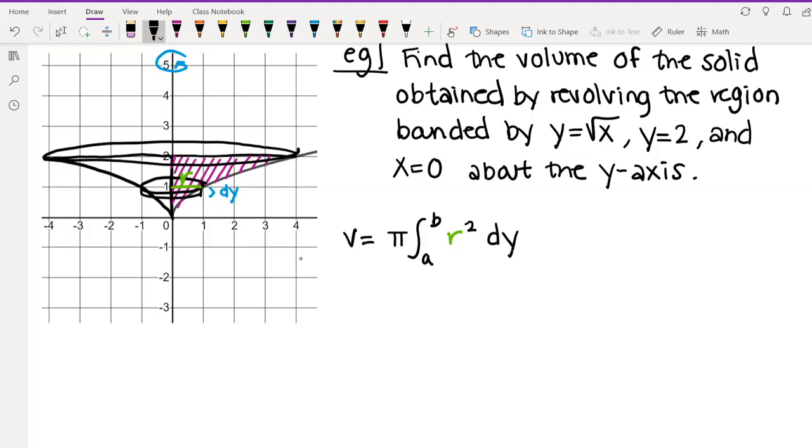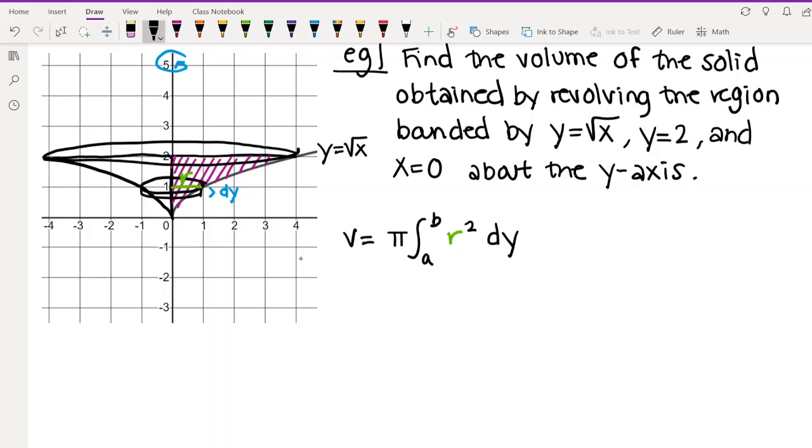So if we look at this picture, the curve that is determining the radius is this one, right? And we earlier were given this one as y is equal to square root of x. But we need to rewrite it as a function of y, because then, for any different y value you go to, you can figure out what this distance r is.